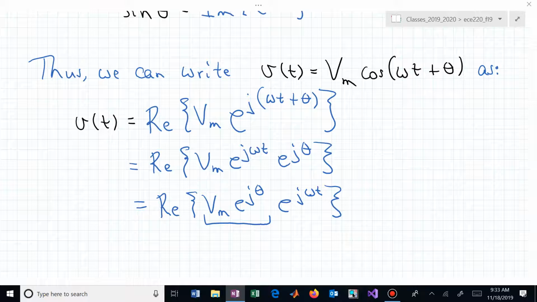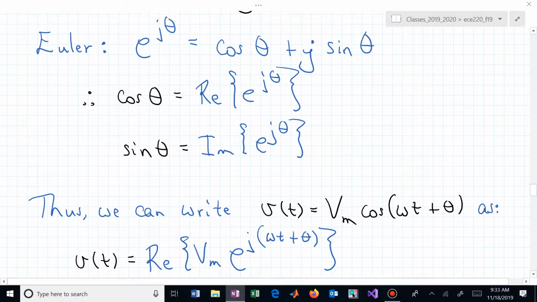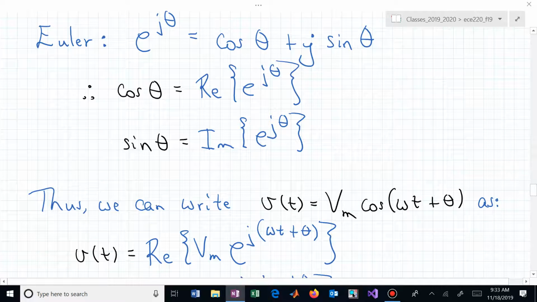Yes? The question was, why are we doing all this complex number gymnastics? So that we can get in shape. But besides that, it's going to allow us to avoid worrying about the transient.